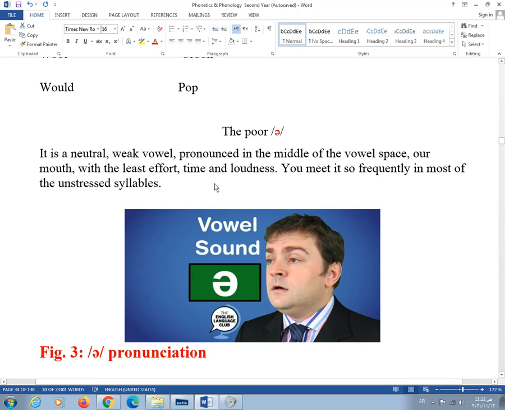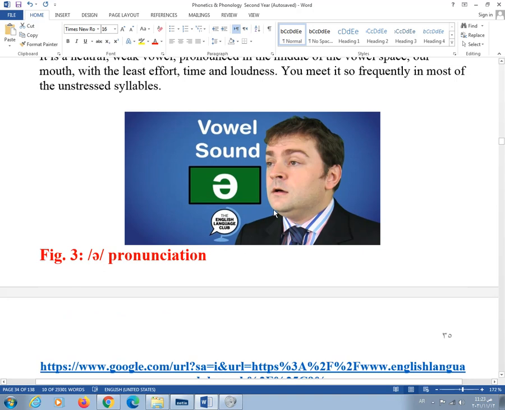It's a very weak one. You don't have to exert effort when you pronounce the schwa. You meet it so frequently in most of the unstressed vowels. Look at the man here, and look at the shape of his mouth and his lips. Neutral. Everything is neutral, as if he's not speaking, just opening his mouth a little bit and pronouncing the vowel from the middle of the mouth.